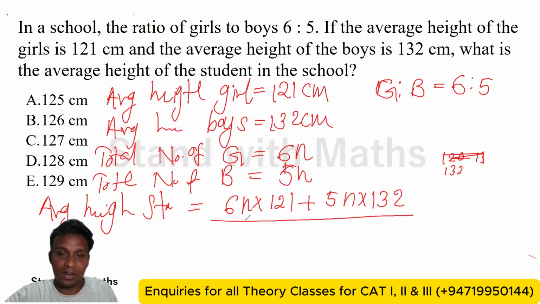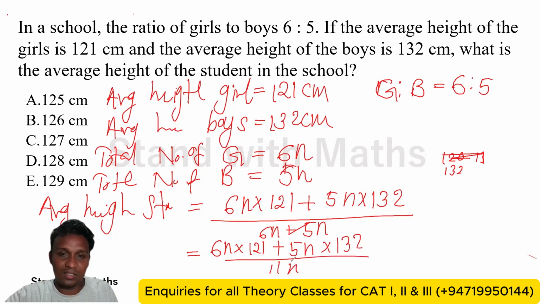Then this is divided by the total number of students. This is 6n plus 5n. So we can take 6n into 121 plus 5n into 123, divided by 11n.